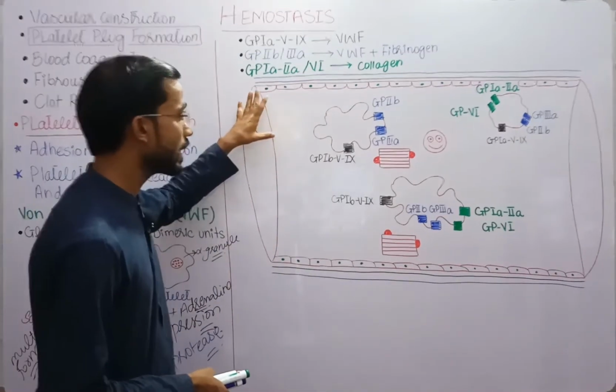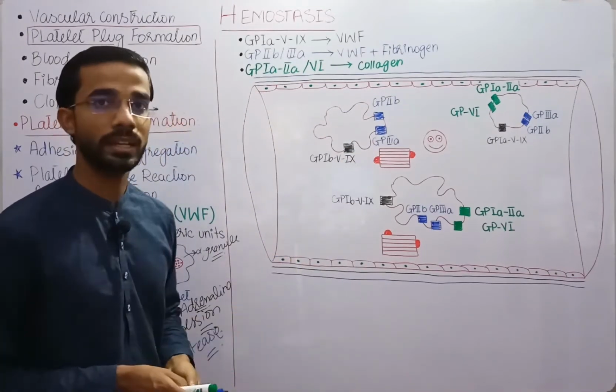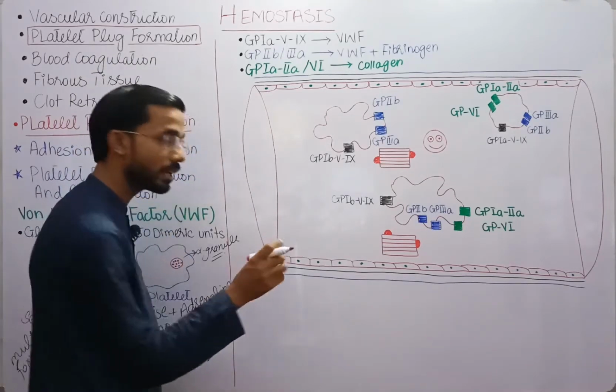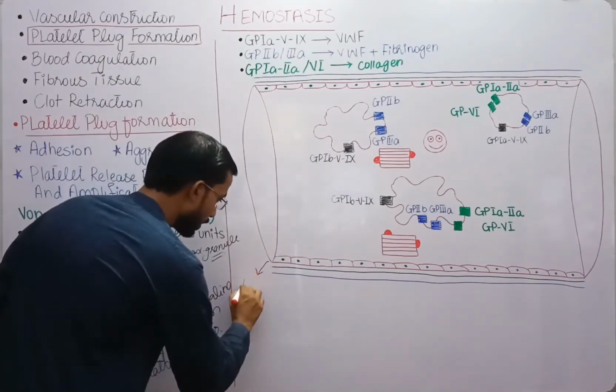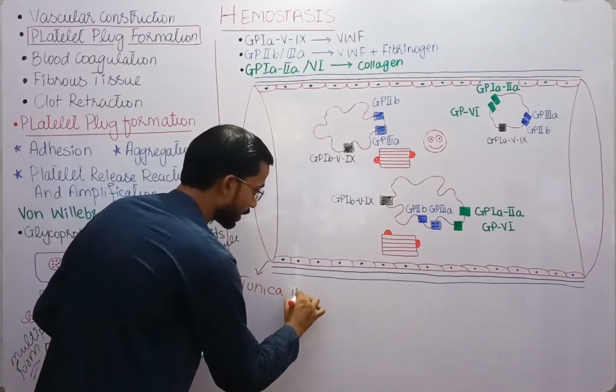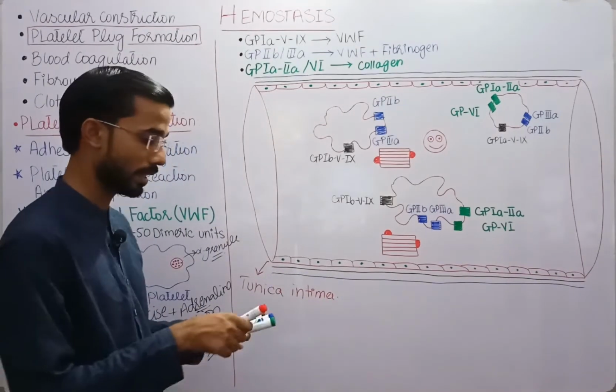Here you can see a large blood vessel having 3 layers. Innermost layer is the tunica intima, right?